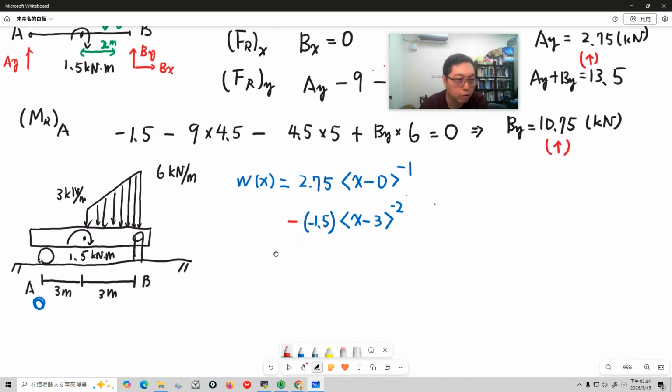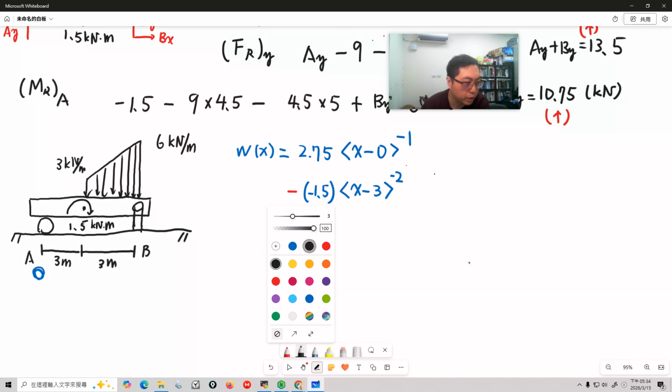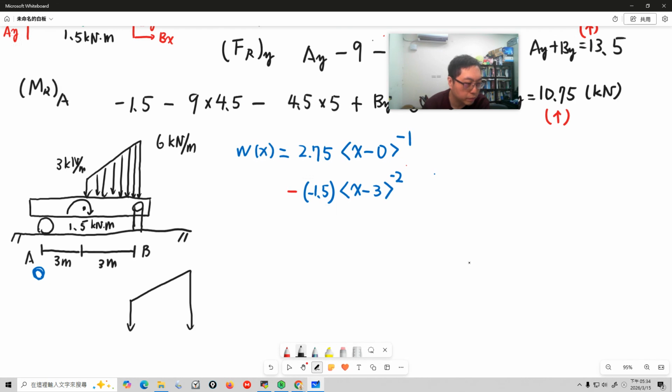Next we have to deal with the distributed load. I need to draw another graph to explain this problem. Right now we have a distributed load, and the shape is like this, with x equal to 3, then x equal to 6, and 6 is the end.